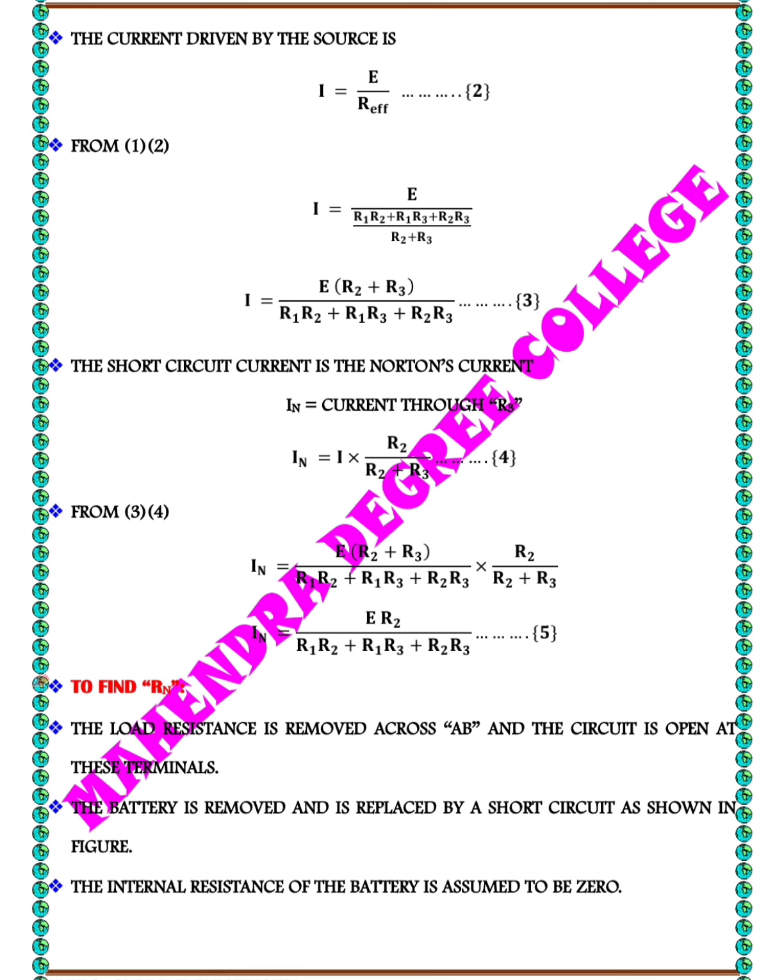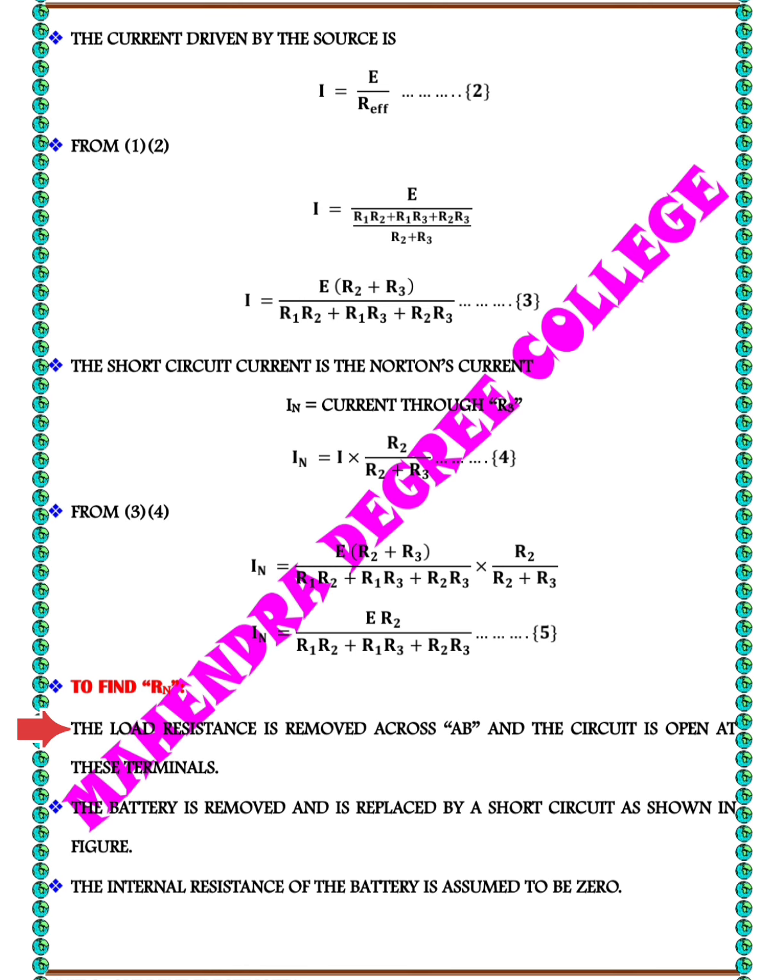Next, we find the Norton's resistance Rn, meaning R underscore N. The load resistance RL is removed across AB and the circuit is open at these terminals.